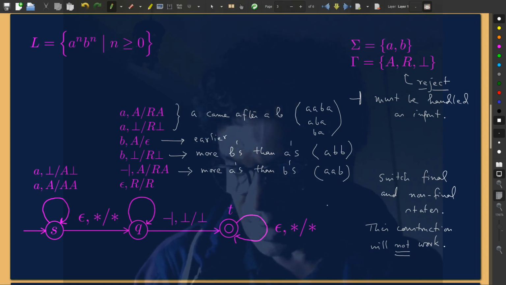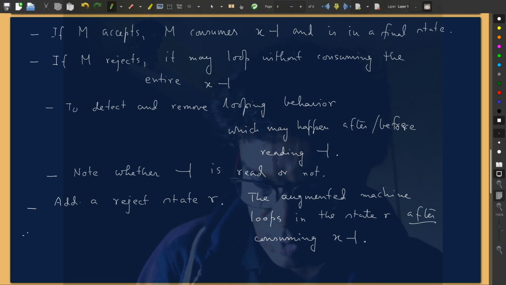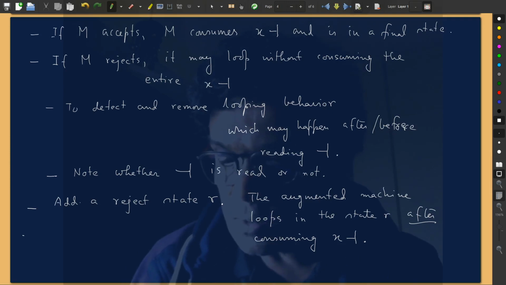Okay, then only, and after that if I just switch the roles played by the reject state R and that T, then definitely that augmented machine with the roles of R and T interchanged will accept precisely the complement of the language of the original machine. Okay. So this is basically a two-step process. Maybe I add one new slide to it.